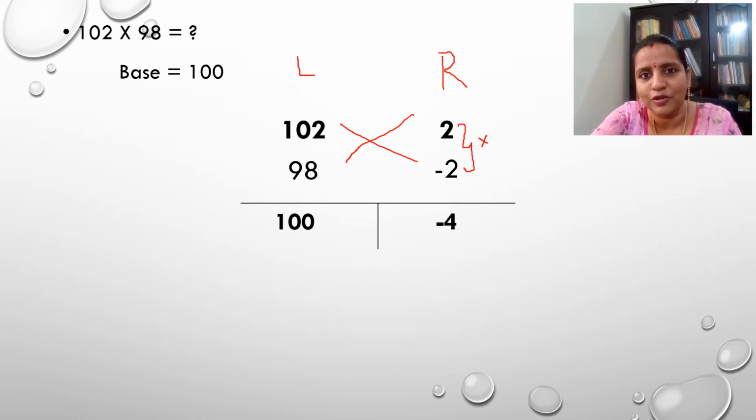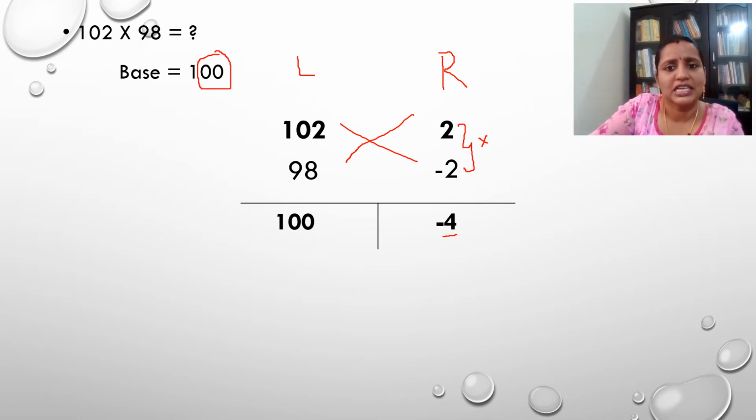Here, the number of digits in the RHS is just a single digit. But how many digits should be there in the RHS? The number of digits in the RHS should correspond to the number of zeros in the base, isn't it? Yes, but here we have only one. I have to convert this number into a two-digit number, so I'm adding a 0 before the number and it becomes minus 04.